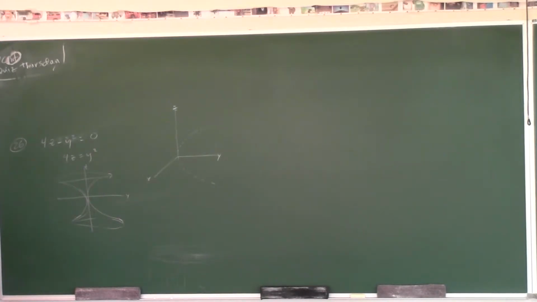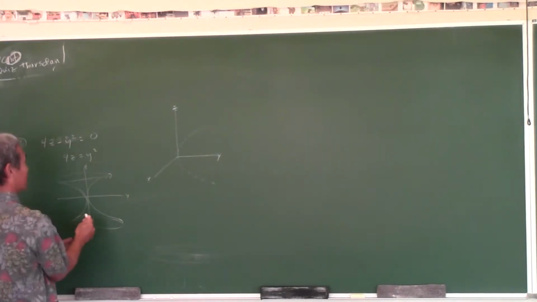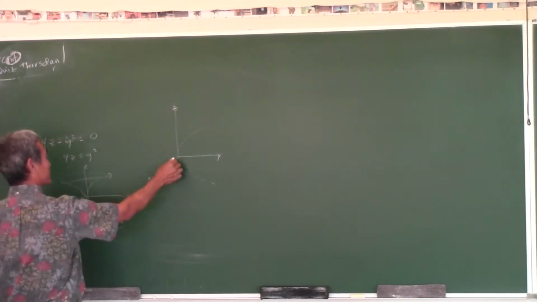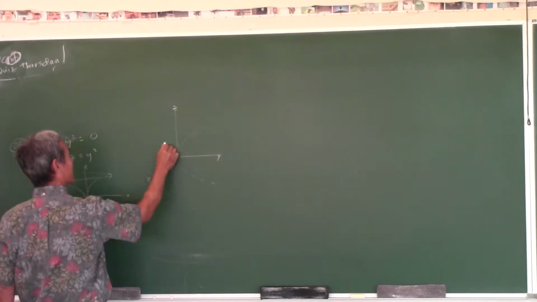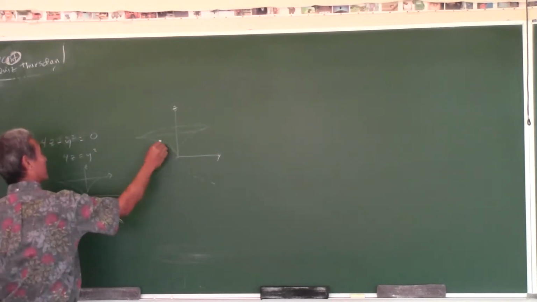Wait, no, because that would be the trace for the yz plane, and then the xz plane would be the same one, but with x instead of y, right? Okay, I agree with that. If you revolved it around, then the xz trace is gonna be the same. It's still a parabola, right?